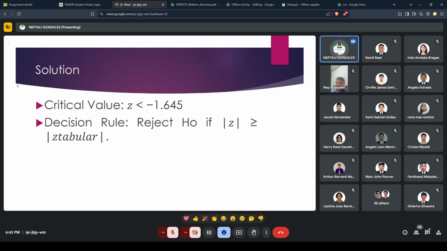Next, decision rule, we will reject the HO if the absolute value of the computed Z value is greater than or equal to the absolute value of the tabular. So we are going to reject the null hypothesis if this value is less than or equal to the computed value.